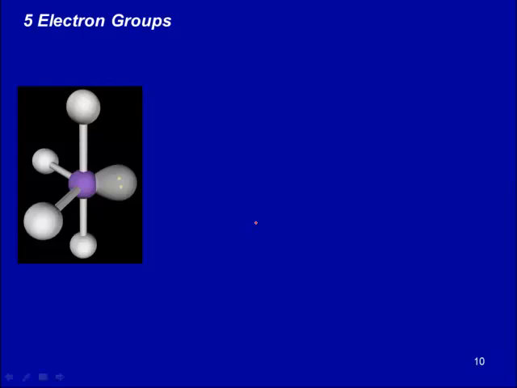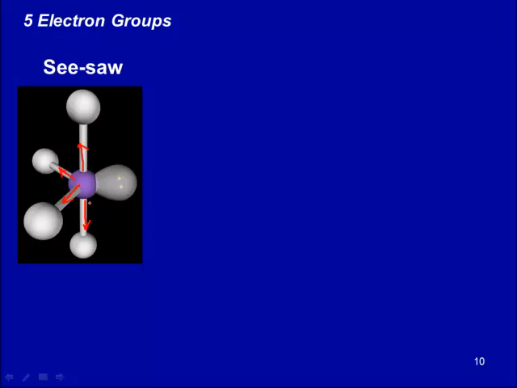How about if one of the bonded atoms is replaced by a lone pair? This one is called seesaw, and some people call it some other names. But as you can see from here, this is the equilateral triangle plane, and now we can draw the polarity arrow this way, polarity arrow that way.